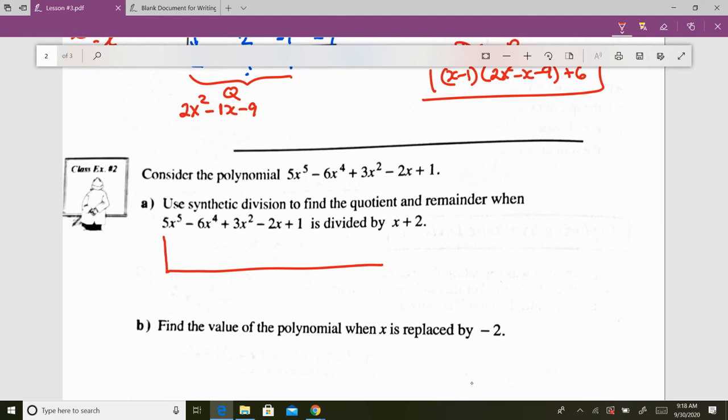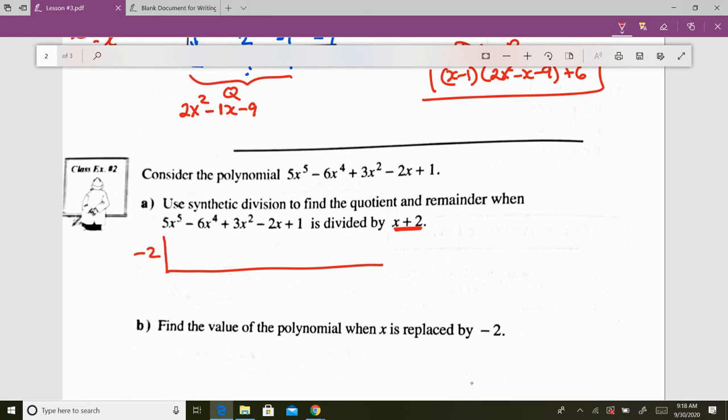Negative 2. What makes the divisor equal to 0? Negative 2. Then we look at the polynomial. Do the exponents go down in order? Are we missing any? Yeah, we're missing an x cubed, right? We have to add that in.